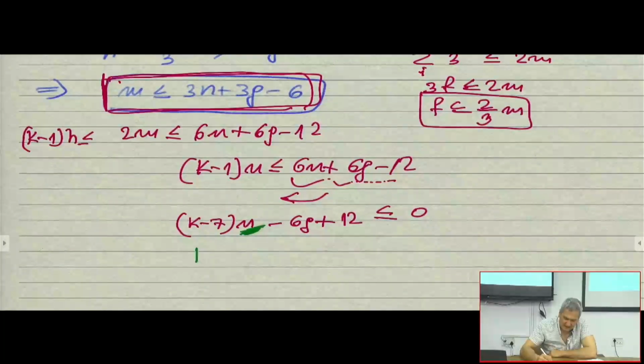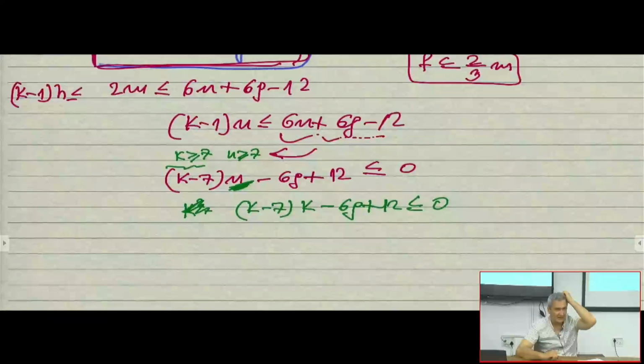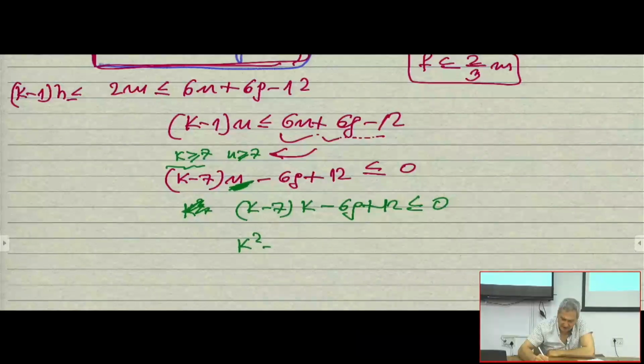So if k is at least 7, this is not negative, and N is at least k, so it will be okay if instead of N I plug in k. It will still hold this inequality, yes? So we have k squared minus 7k minus 6g plus 12 should be smaller than or equal to 0.